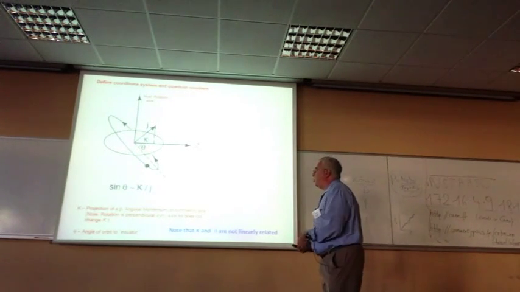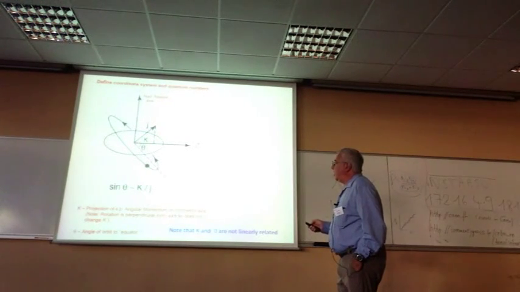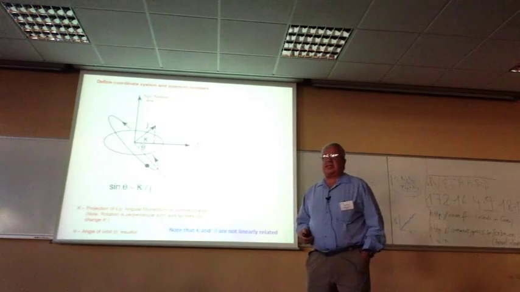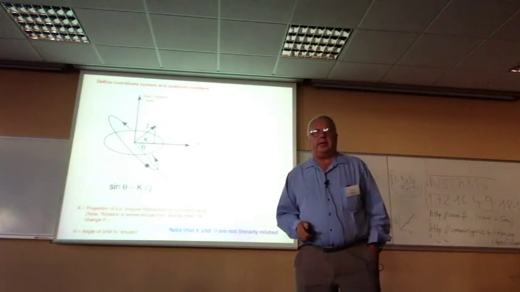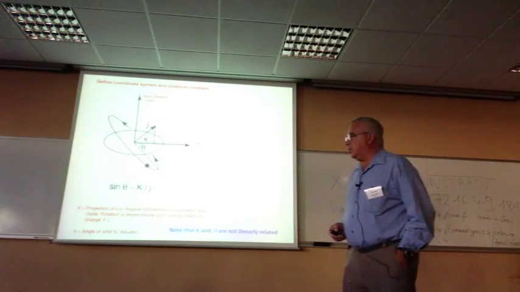And there are two quantities associated with that angular momentum vector. One is the angle relative to this axis, theta, and the other is the projection of that angular momentum on the z-axis.